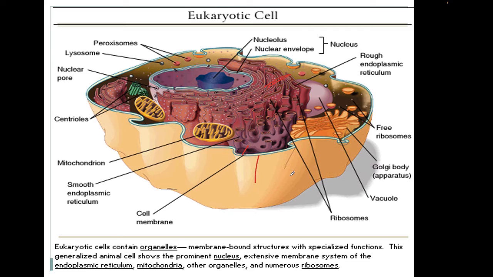This is the eukaryotic cell, three-dimensional structure. We can see in the center, this is the nucleus, this is the nucleolus, this one is the mitochondria, this one is the endoplasmic reticulum.